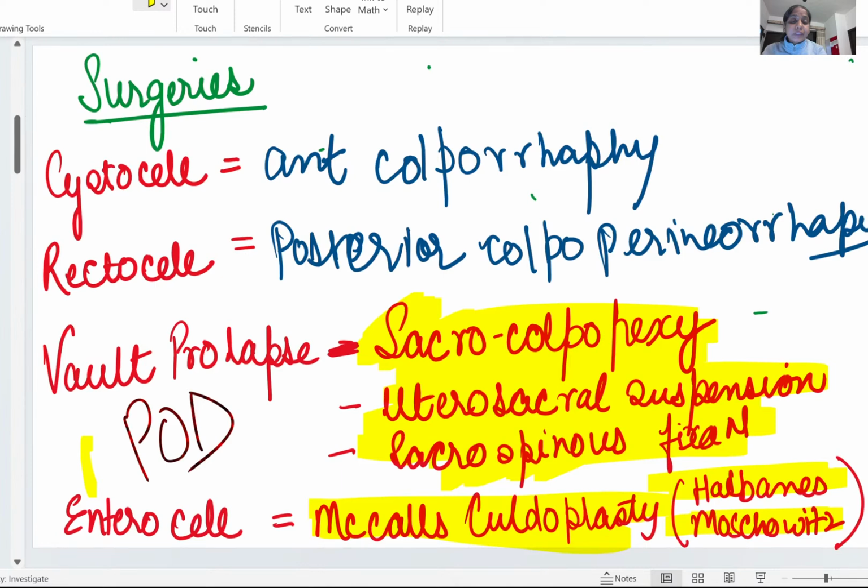Okay, now the enterocele. What are the surgeries for enterocele? Can anybody tell me?